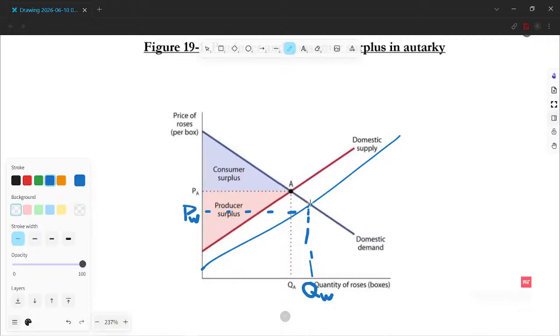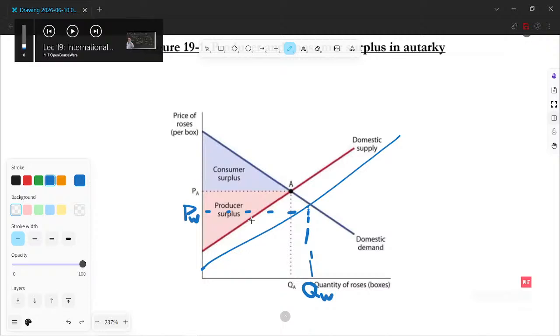And because there's a greater supply, they're willing to sell at a lower price because it's more efficient, assuming that your nation has a comparative disadvantage of producing it.